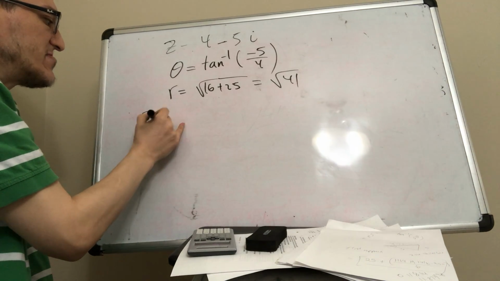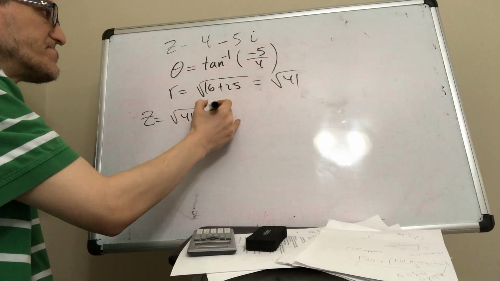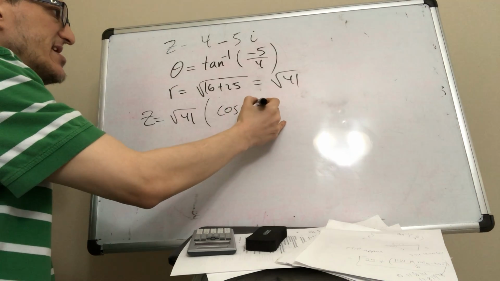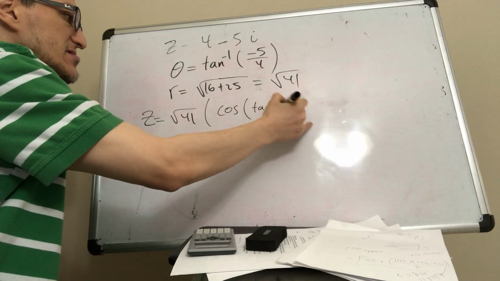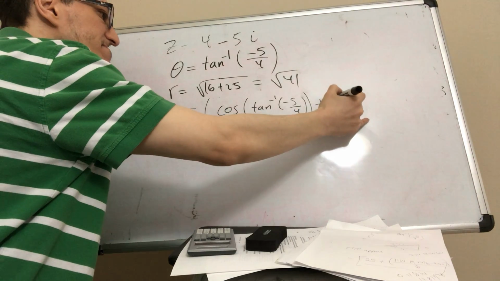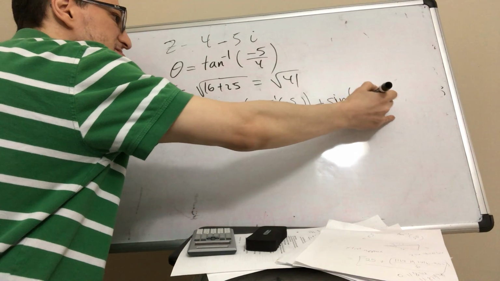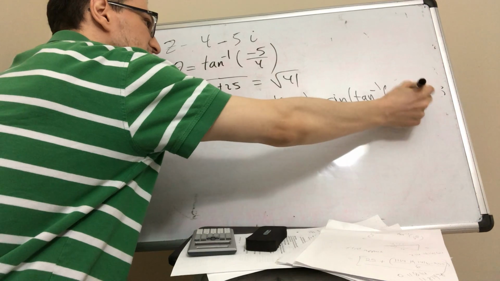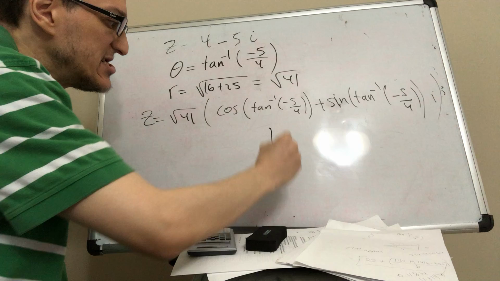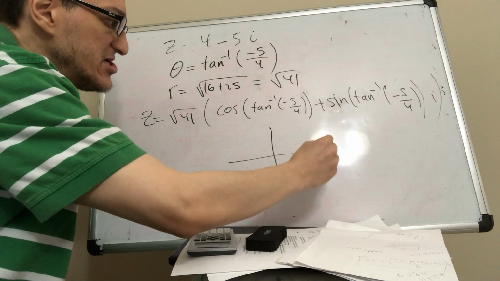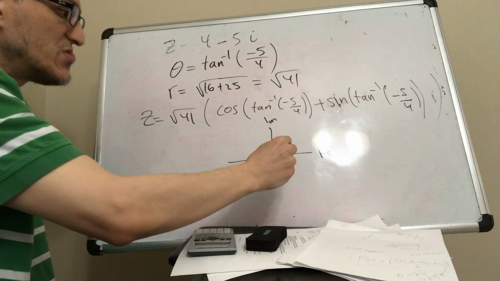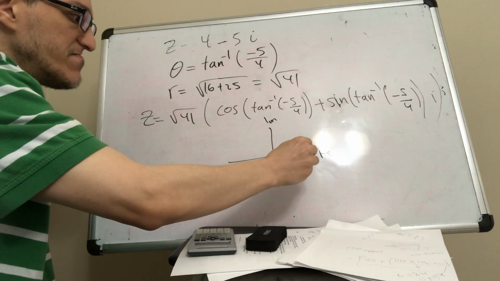So the polar form would be this cosine of the angle, which is tan inverse negative 5 over 4, and sine of tan inverse negative 5 over 4, I. And when you sketch real and imaginary, your real is 4, so 1, 2, 3, 4.